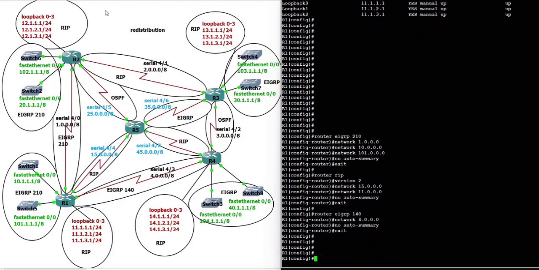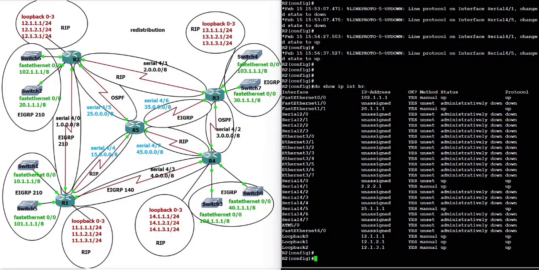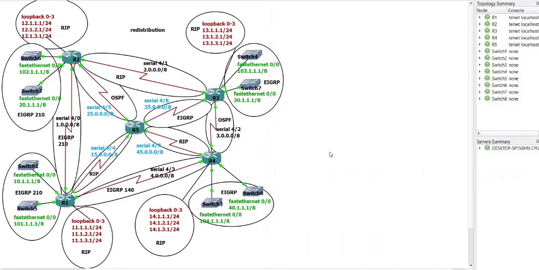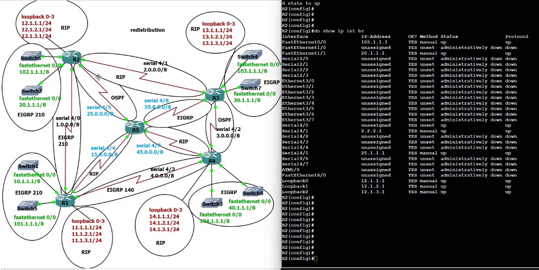The same way we are going to configure on router 2. On router 2 here we have RIP, EIGRP 210, and OSPF. On router 2 here also we have three routing protocols.